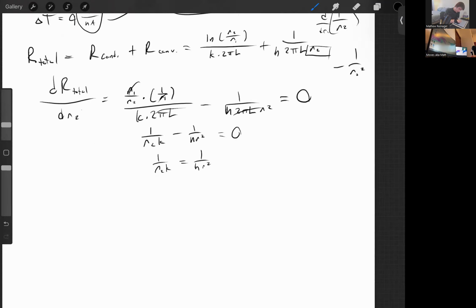And now we can multiply, let's see here, I'm going to flip the reciprocal. And now all we need to do is divide by HR. And this should give us K over H equals R2.